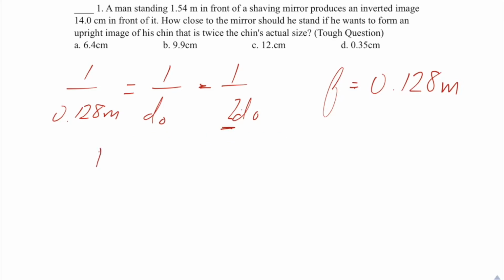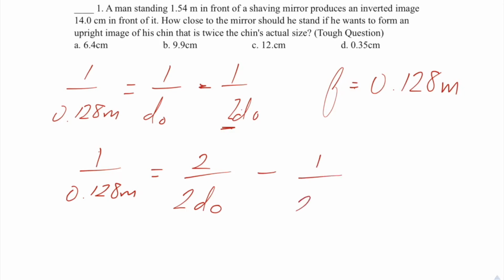So then we have 1 over 0.128 meters is equal to 2 over 2 d_o minus 1 over 2 d_o. So now we've got the common denominator.